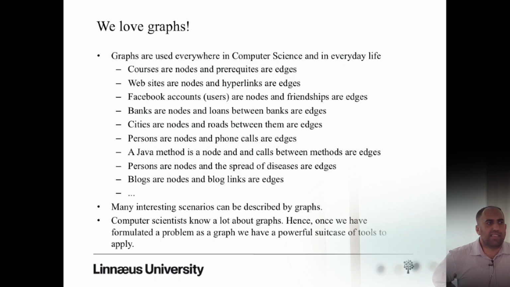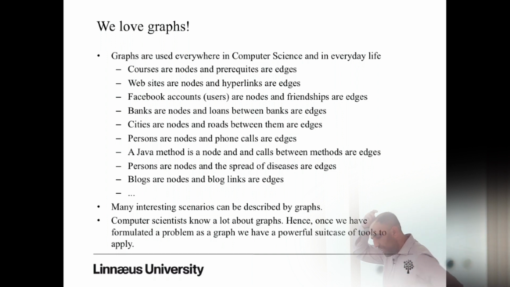As I said earlier, as computer scientists we love graphs, and there are a number of different scenarios where we are using, knowingly or not, relationships that relate to a graph. Here are some examples. If we talk about courses, we know that the courses we study in our study program have prerequisites.